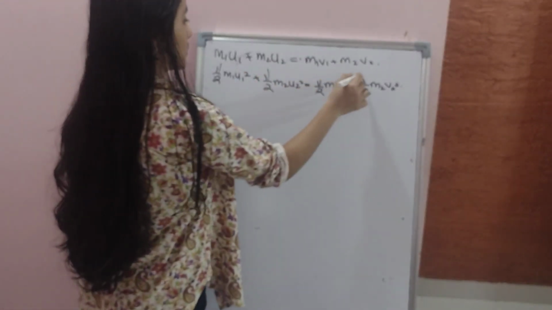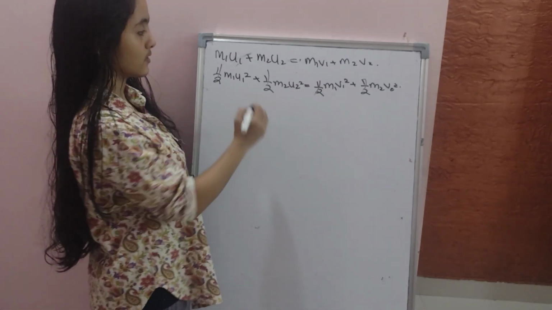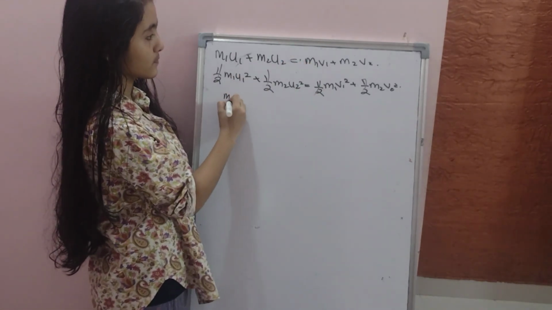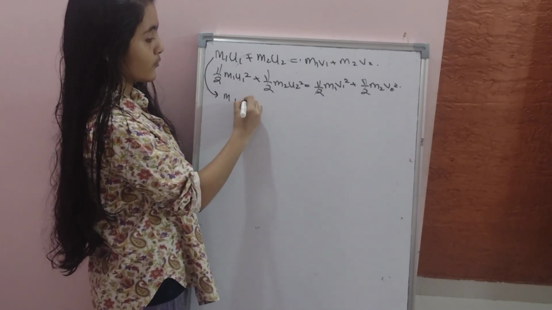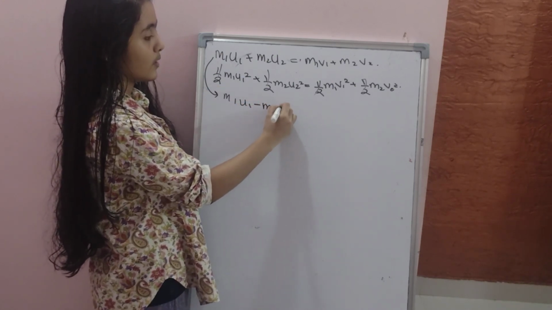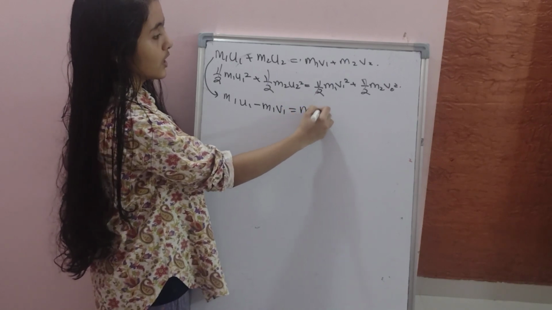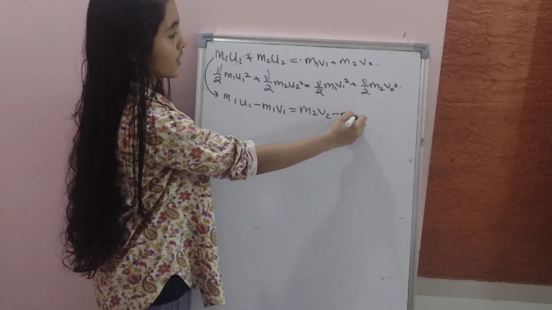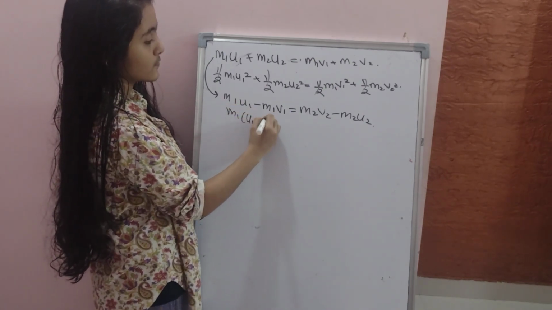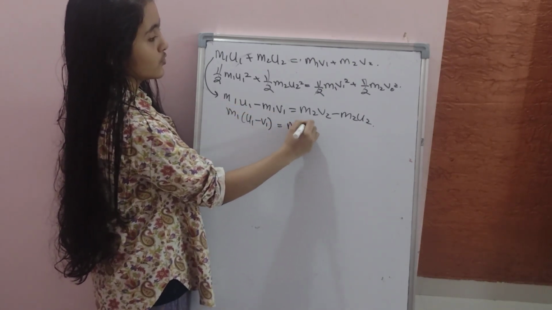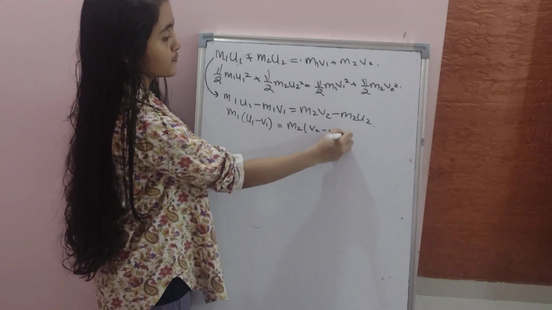We can cancel out all the halves and rearrange this. Rearranging equation 1, m1 u1 minus m1 v1 is equal to m2 v2 minus m2 u2. We get m1 into u1 minus v1 equals m2 into v2 minus u2.